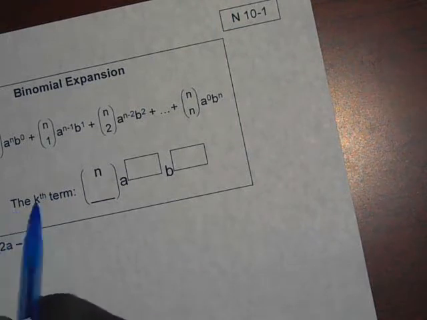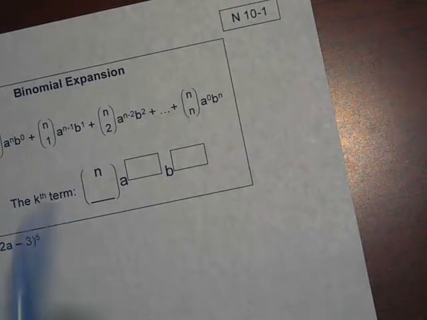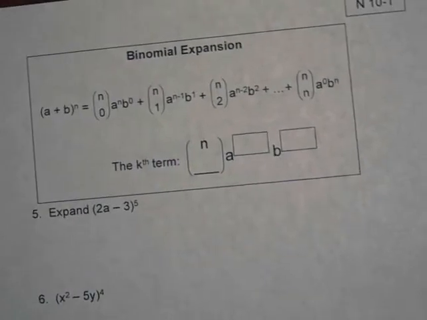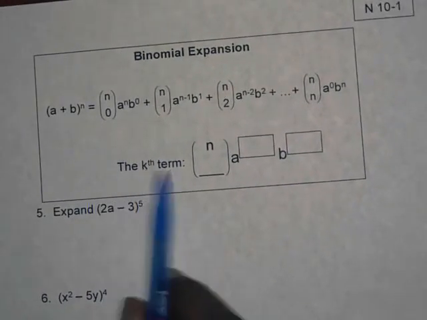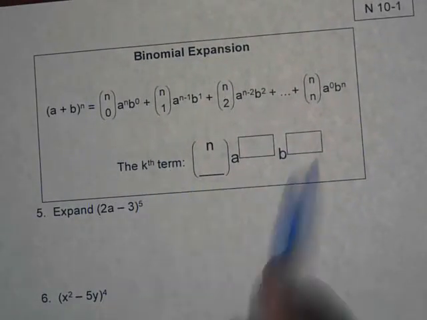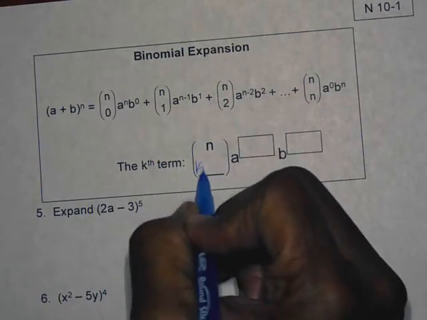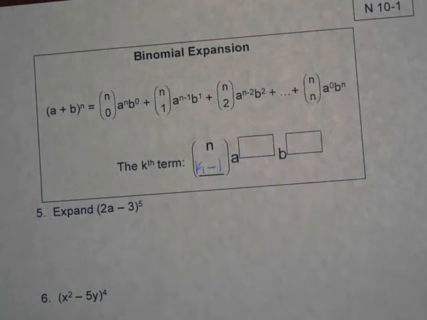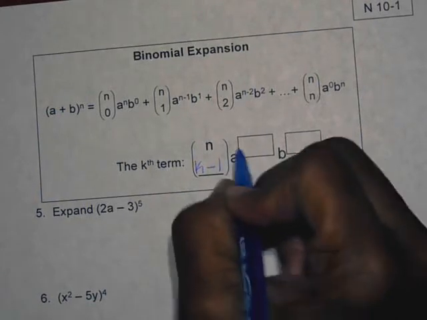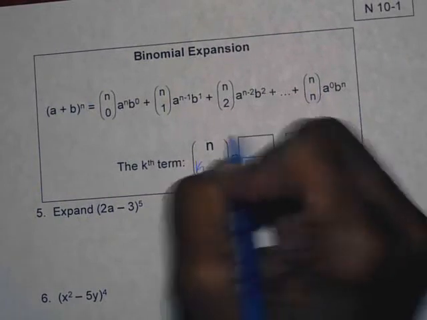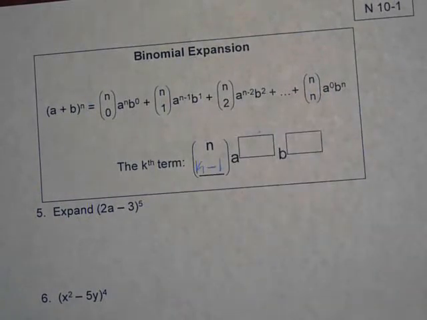If I want to find the kth term, my formula is n over k subtract 1, with a to the, I'm gonna write it above the box because I write kind of big.